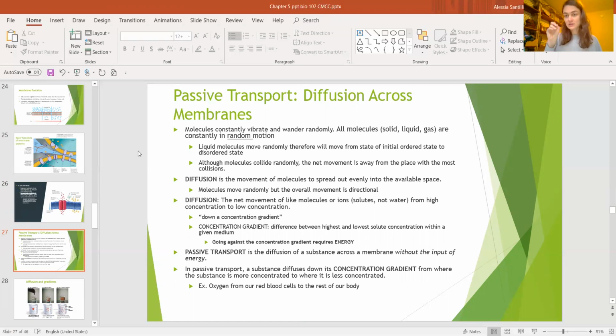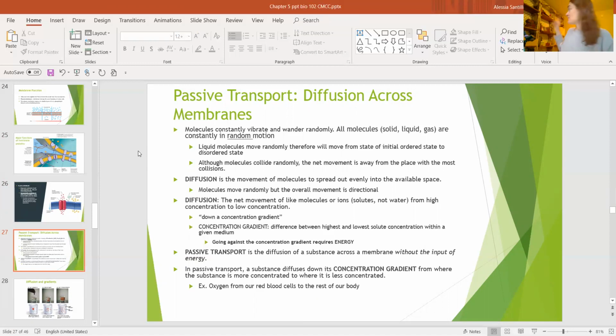If I spray a little bit of perfume in front of me right now, that part where I just sprayed has a high concentration of perfume molecules. Eventually, if I just leave it, these perfume molecules are going to be moving around and they're going to move to low concentration, so the rest of the room, basically, where there's low concentration of those perfume molecules, and they're going to diffuse and disperse in that way, right?